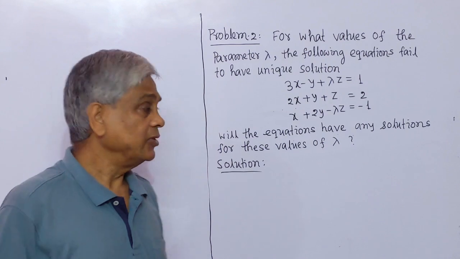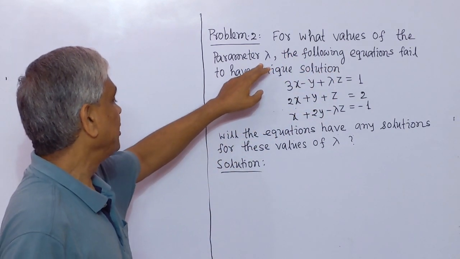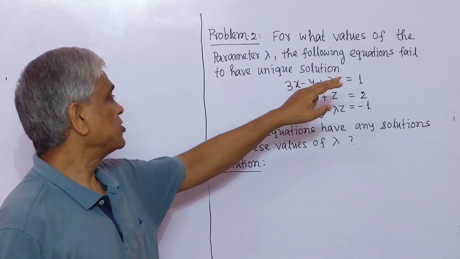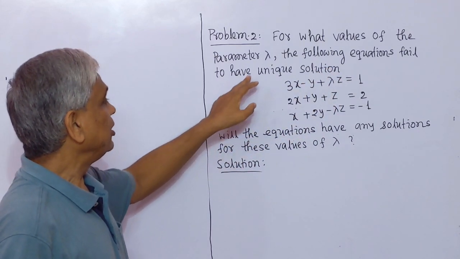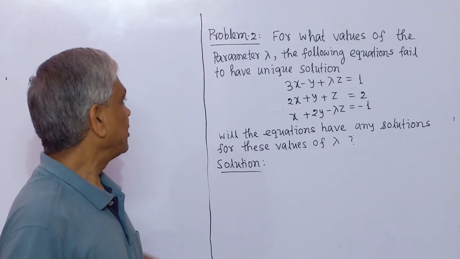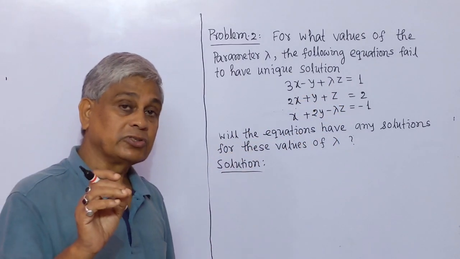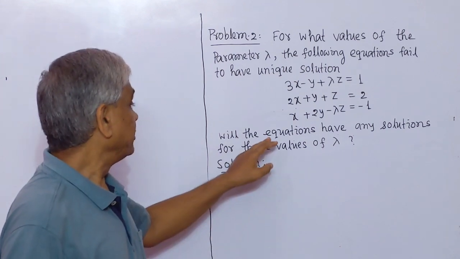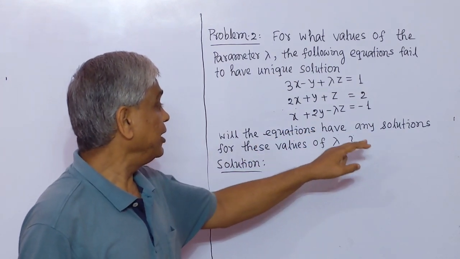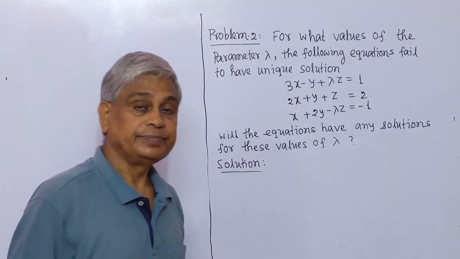The problem is: for what values of the parameter lambda do the following equations fail to have a unique solution? These are three equations. Here we see lambda. The next question is, will the equations have any solutions for these values of lambda?